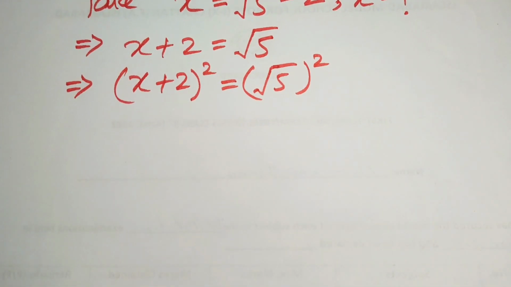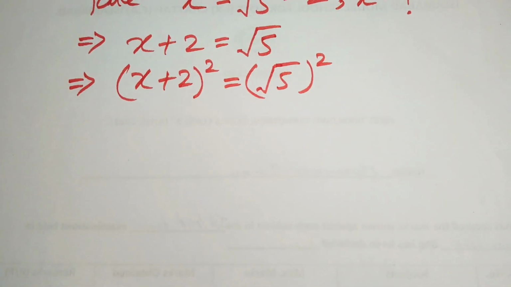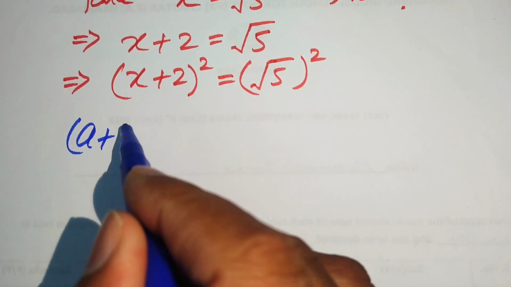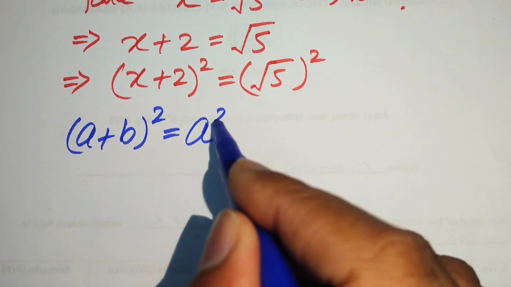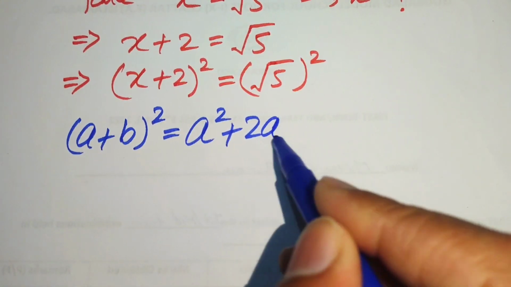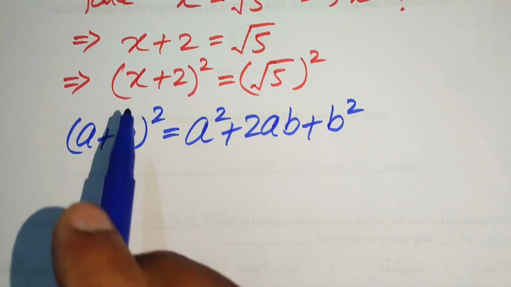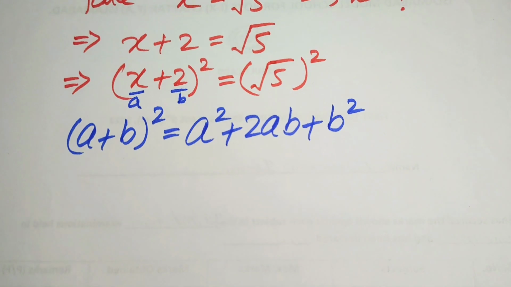Further, we need some simplification in the left hand side, and there we apply the square identity. You know that (a plus b) whole squared equals a squared plus 2ab plus b squared. Here, our a is x and our b is 2.